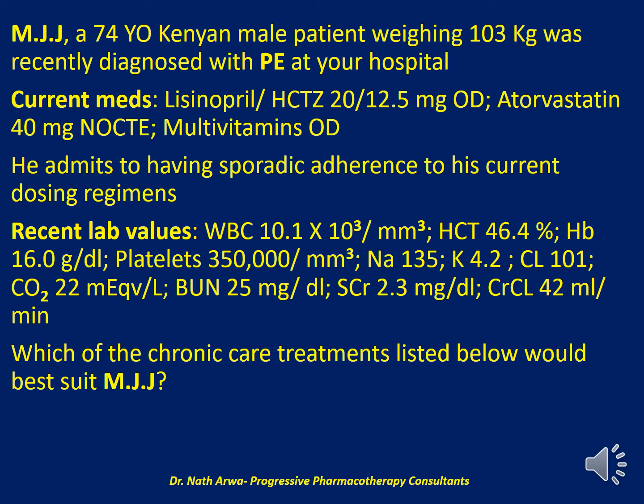His recent lab values include a WBC of 10.1 times 10 to the power 3, hematocrit of 46.4%, his HB stands at 16 grams per deciliter, the platelet count is 350,000 per microliter, sodium levels are 135, potassium is 4.2, chloride is 101, CO2 is 22 milliequivalents per liter, the BUN stands at 25, serum creatinine is 2.3, and the creatinine clearance is 42, some kidney issues there.